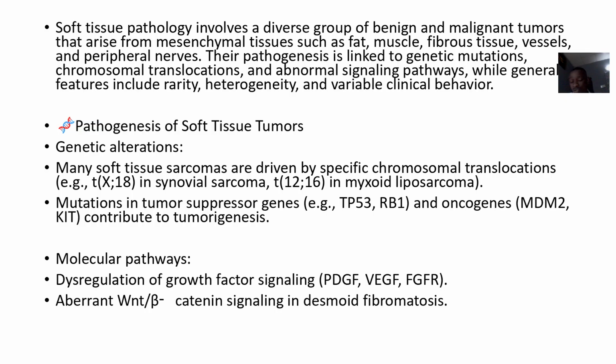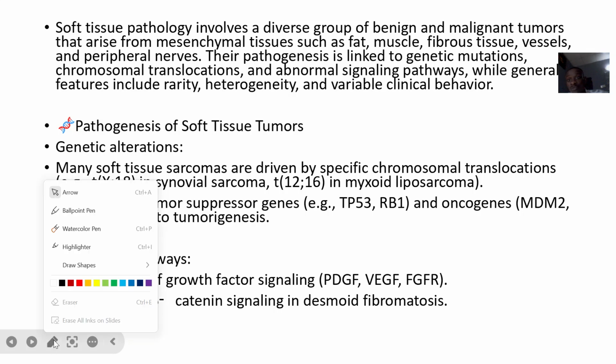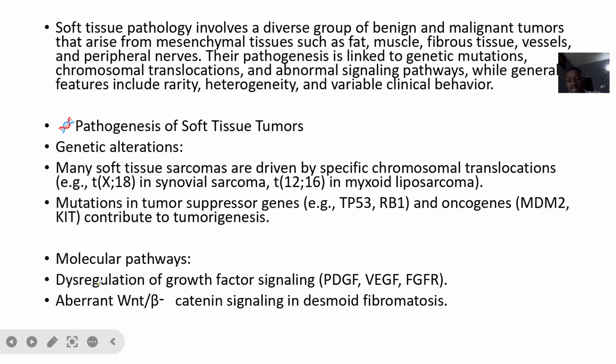So, as a way of introduction to soft tissue pathology, you know that there is a diverse group of benign tumors, the friendly ones, and malignant ones, which have the possibility of spreading to other places. They arise from specific types of tissues, and that's why they are called soft tissues.